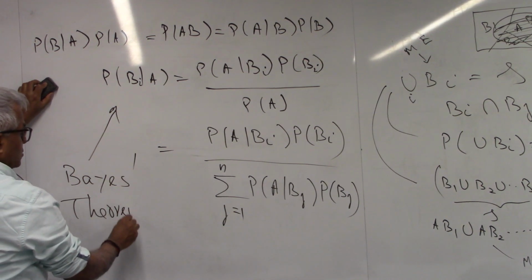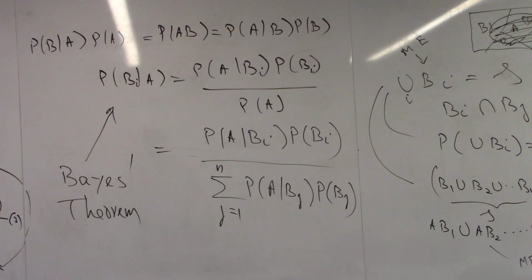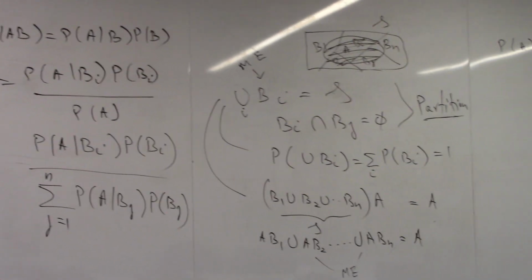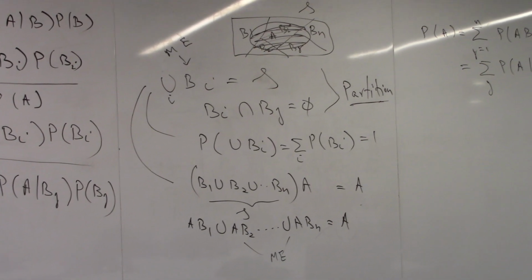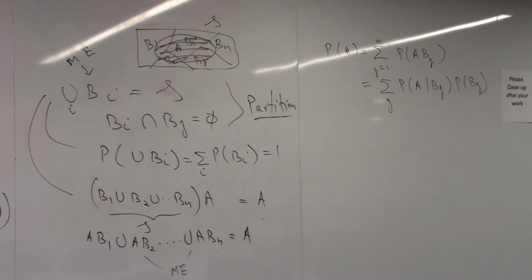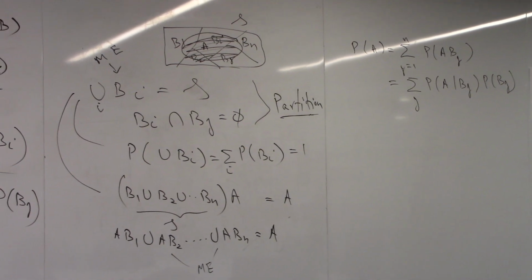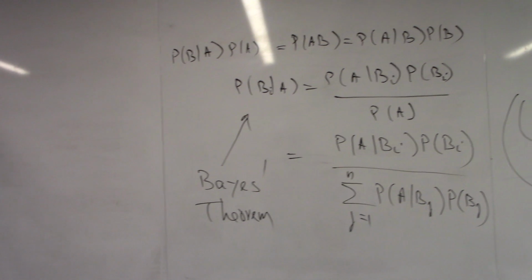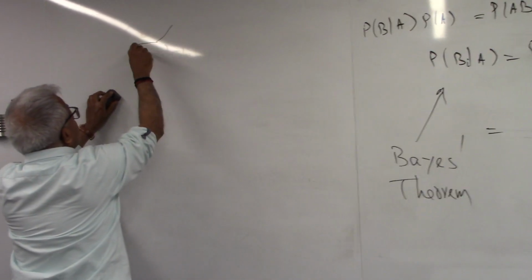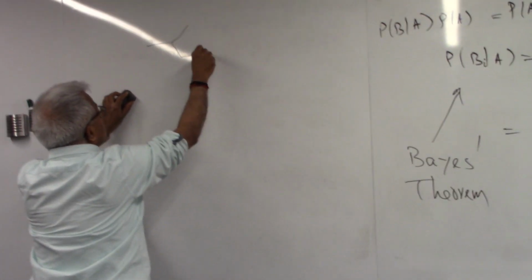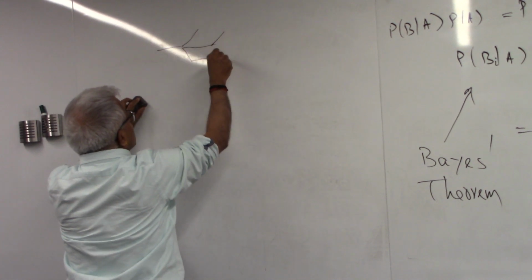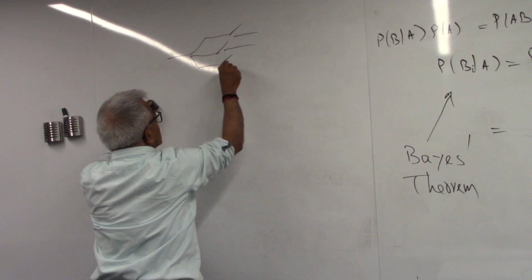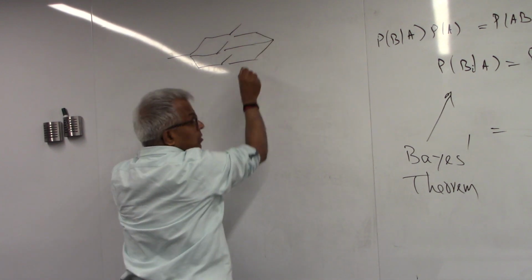Let me show a quick example where this will be useful. Let's take a switch problem. Let's say there are 3 switches. The switches can open or close.